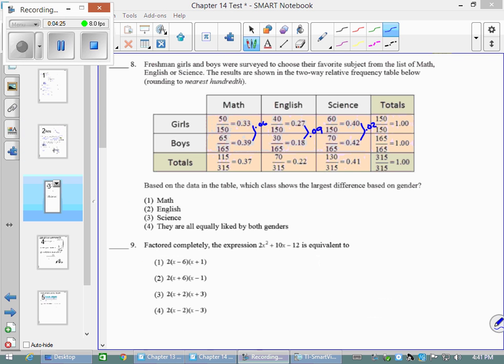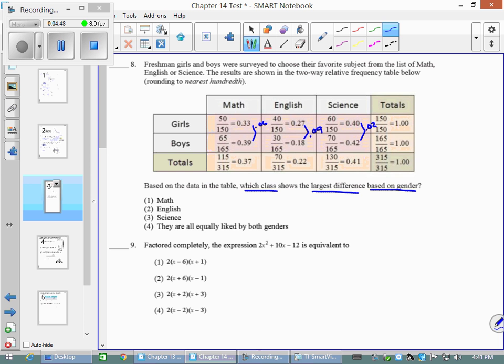Okay, so in question 8, we're given a frequency table with relative frequencies, and we're looking at, based on the table, which class shows the largest difference based on gender. So out of my math, English, and science classes, which one has the largest difference between girls who like math and boys who like math, or girls who like English, boys who like English, girls who like science, as opposed to boys who like science.